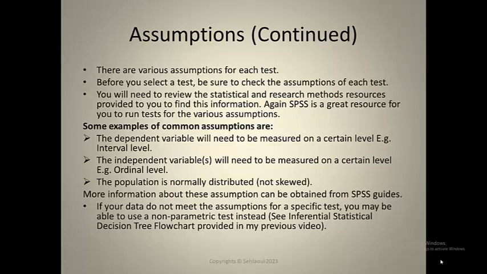More information about these assumptions can be obtained from SPSS guides. If your data do not meet the assumptions for a specific test, you may be able to use a non-parametric test instead. And for this, I would refer you to the inferential statistical decision tree flowchart provided in my previous video.